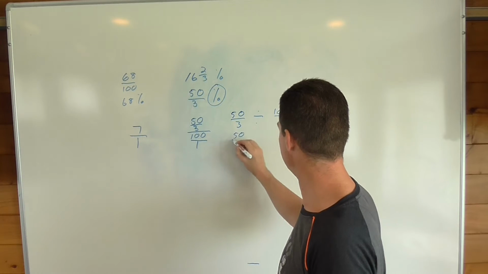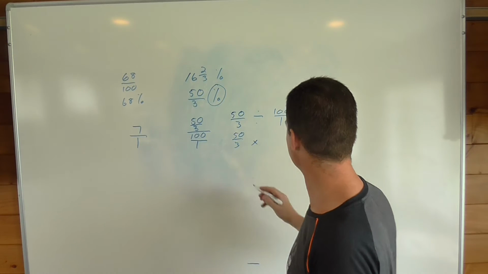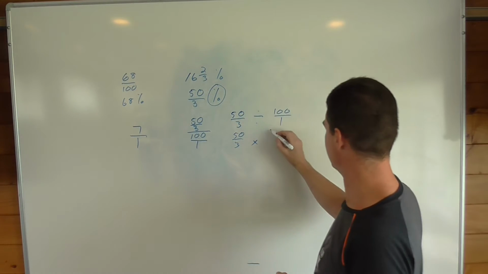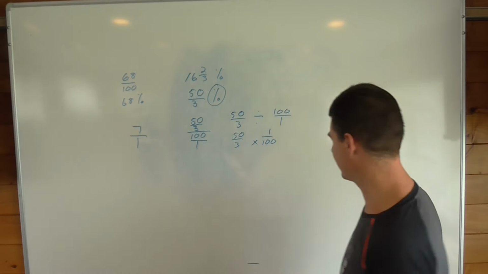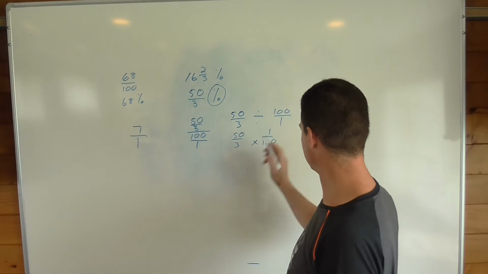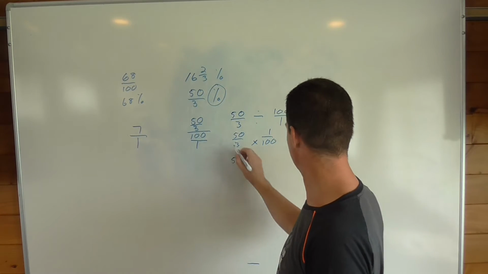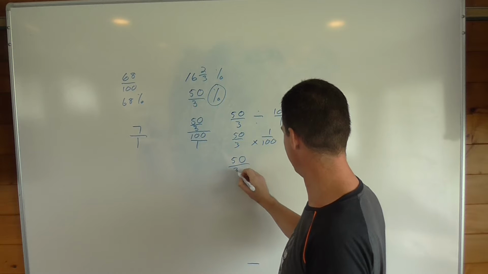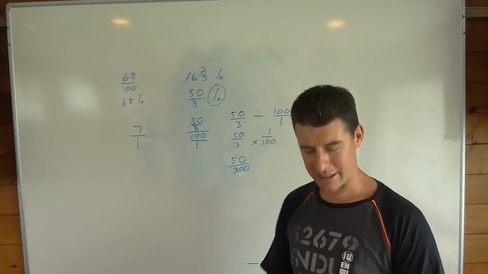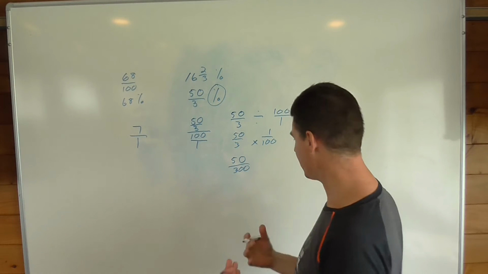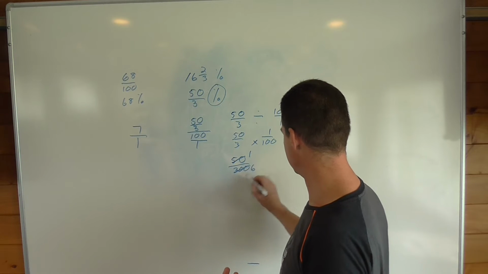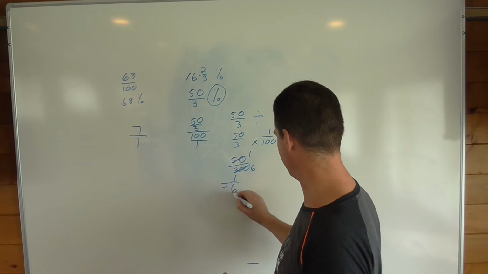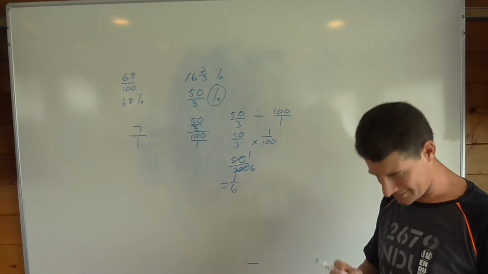So it's 50 over 3 multiplied by, now we turn it upside down, 1 over 100. So we've got 50 times 1 is 50, 3 times 100 is 300, but then we can take it into a simpler form: 50 goes into 50 once, and 50 goes into 300 six times, and that gives you a sixth.